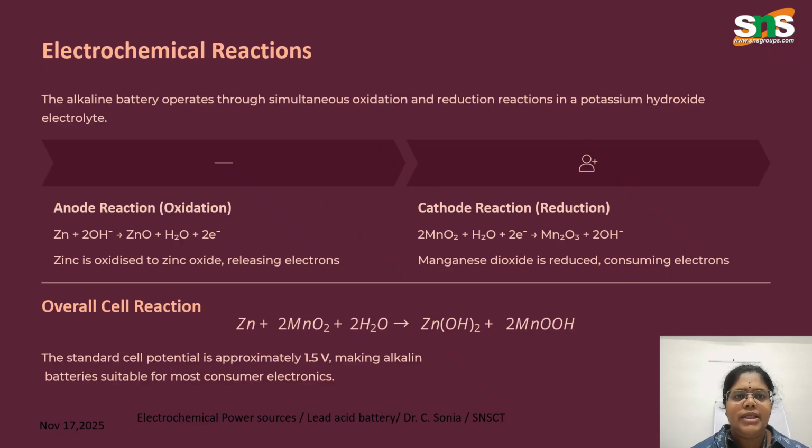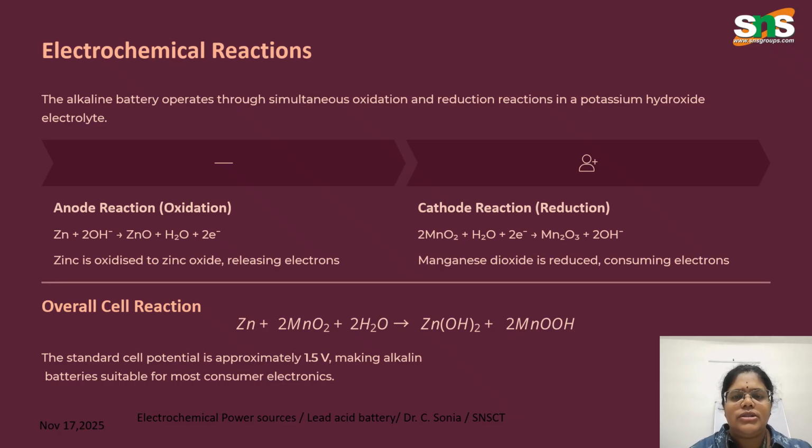Electrochemical reactions. The alkaline battery operates through simultaneous oxidation and reduction reactions in a potassium hydroxide electrolyte. The reaction at the anode is the oxidation reaction, where zinc is oxidized to zinc oxide, which releases electrons.